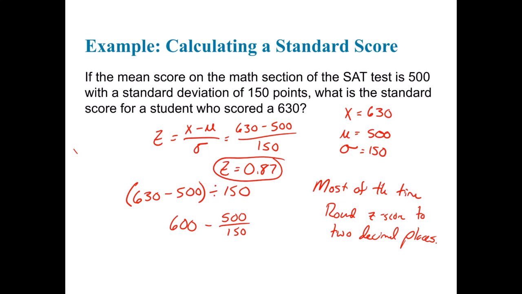If we had a picture of that distribution, and let's say here was our mean, we know this person is somewhere above that mean. So they're somewhere over here, right? And we actually know exactly how far over here they are. They're 0.87 standard deviations that way.